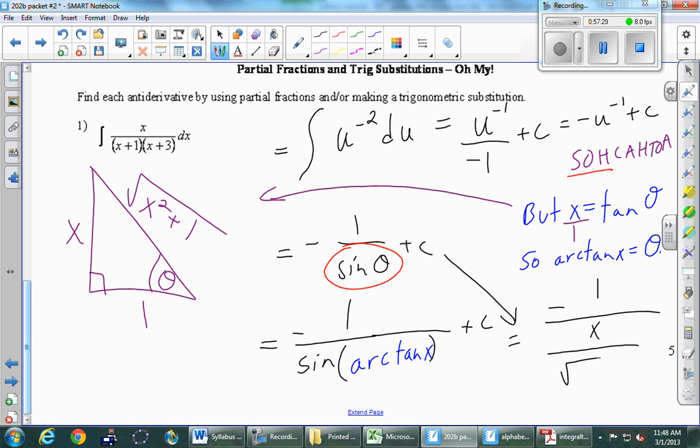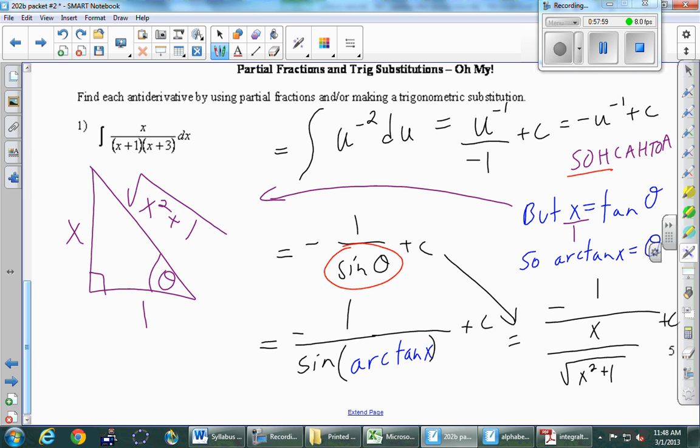There you go. So that's looking at this thing here in red. We've got all the information we need about theta because we filled in our right triangle. Opposite over hypotenuse. That's what sine is.